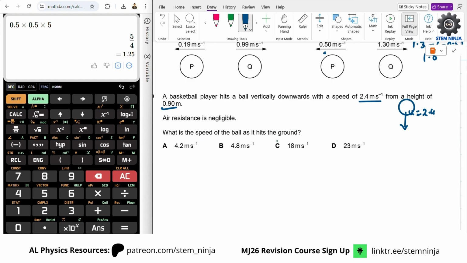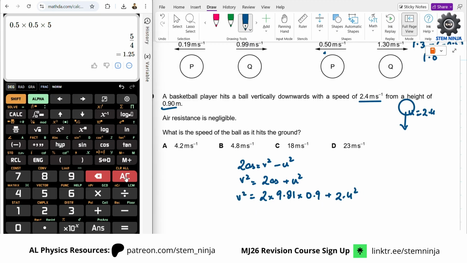What is the speed of the ball as it hits the ground? So this would be 2as, v squared minus u squared. So v squared is what we need to figure out: 2as plus u squared. Since it is going in just one direction, you can simply use 9.81 without the minus sign. 2 times 9.81 times 0.9 plus u squared, which is 2.4 squared.